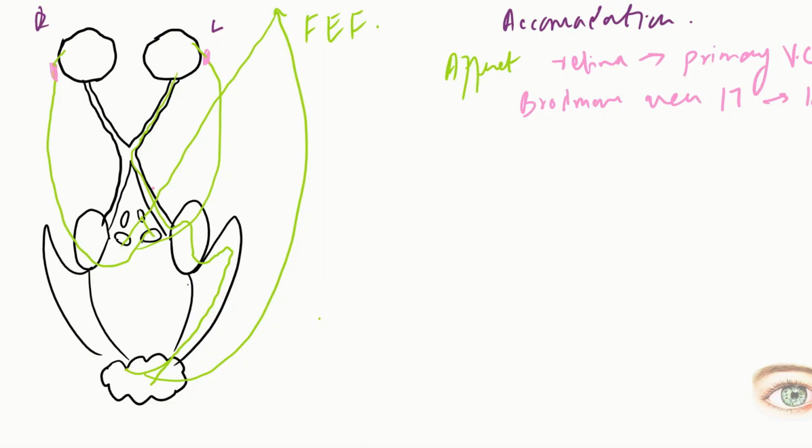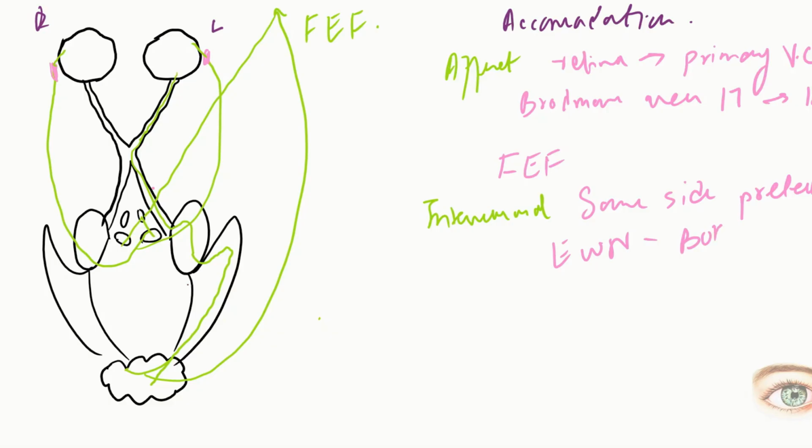And then from the secondary visual cortex, it is going to travel to the frontal eye field, right? Now, the interneuronal communication will occur between the same side pretectal nucleus and the Edinger-Westphal nucleus of both sides, right?